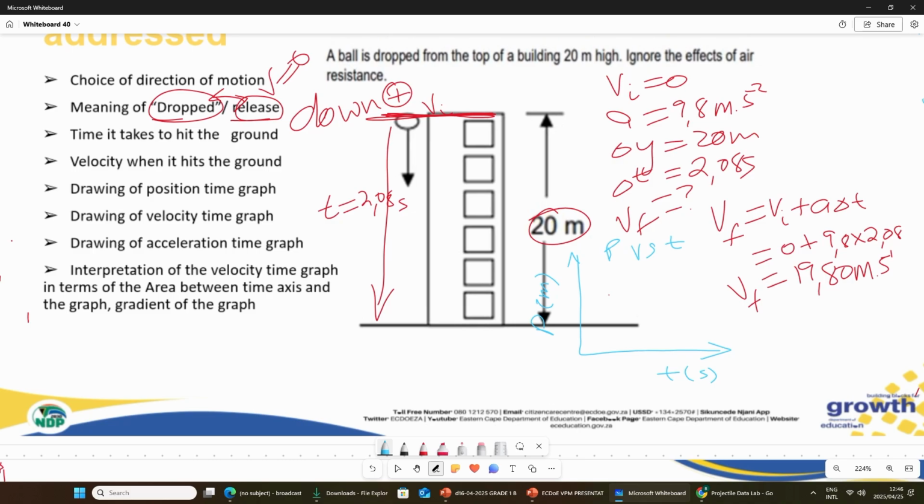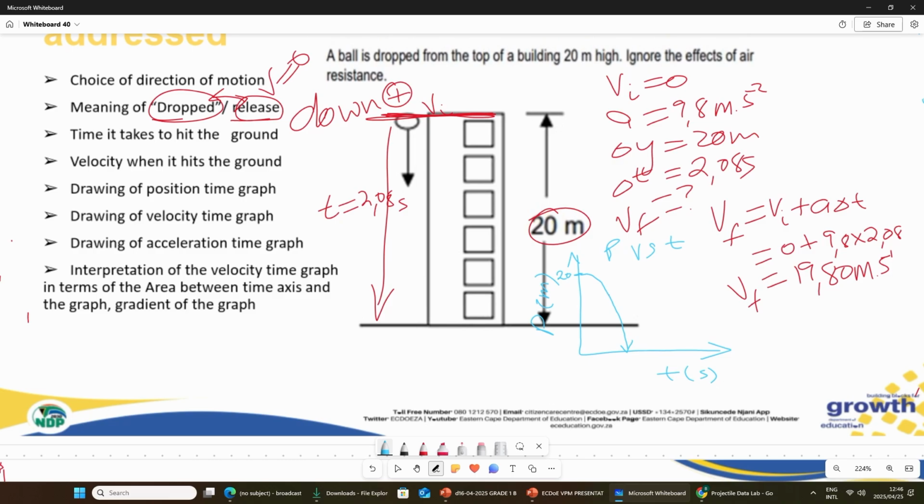For our object, remember it was dropped from a certain height of 20 meters to the ground. At this position our ball was at 20 meters. It goes straight downwards until it hits the ground.